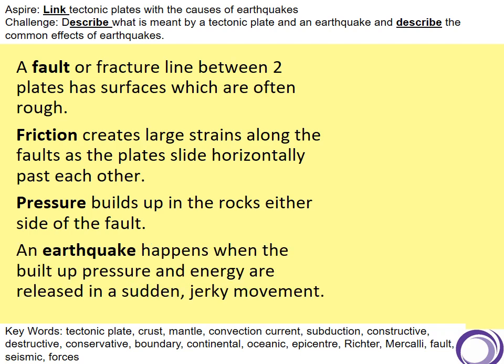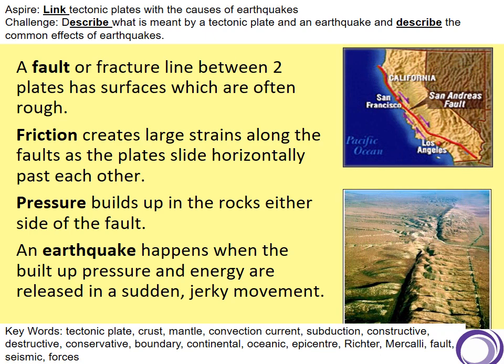And eventually that pressure will build up enough that the energy is released in sudden jerky movements, and that's what we would describe as an earthquake. And this area all down the coast of America, down through California, and particular areas like San Francisco and Los Angeles are very, very prone to earthquakes along that fault line.